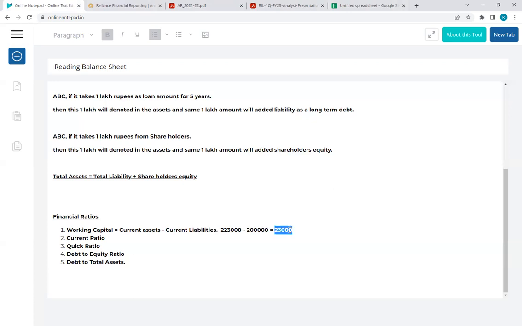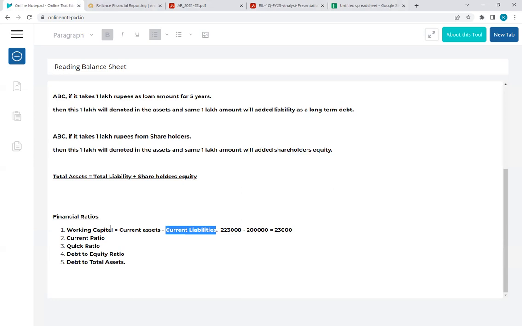The more the value, the more the current assets, and the more the ability of the company to pay the liabilities immediately. If any unexpected issue comes, like a tsunami, earthquake, any natural disaster, or a pandemic, the company should be able to pay their liabilities or loans or debts immediately without any impact on company performance.